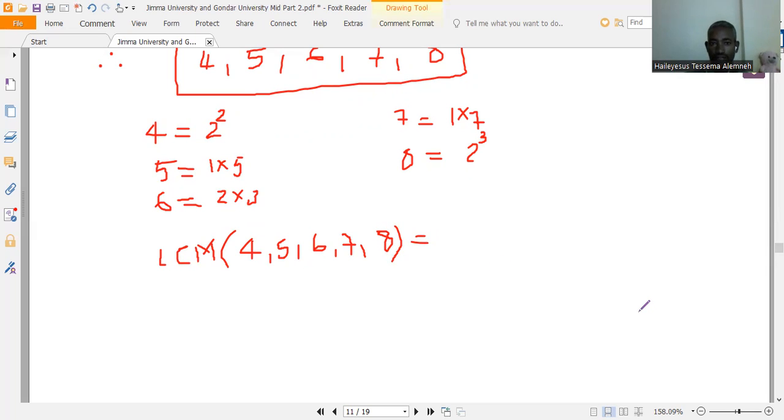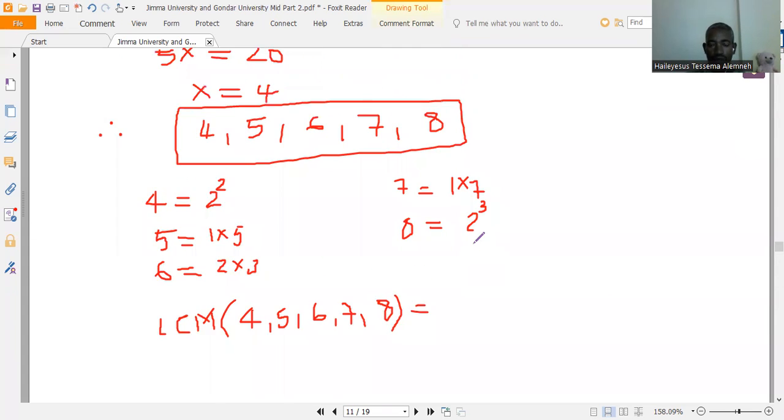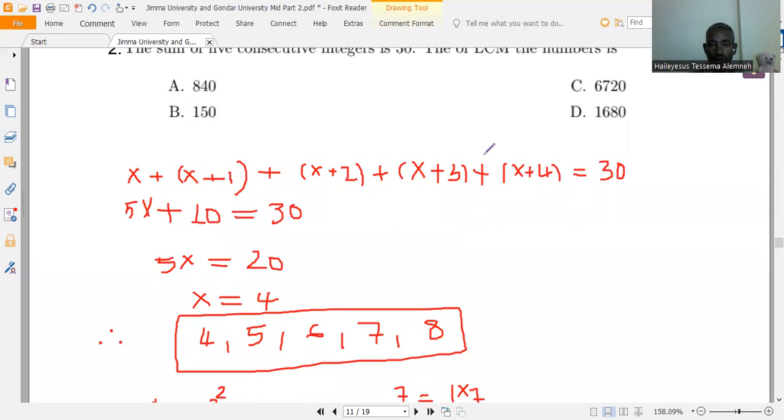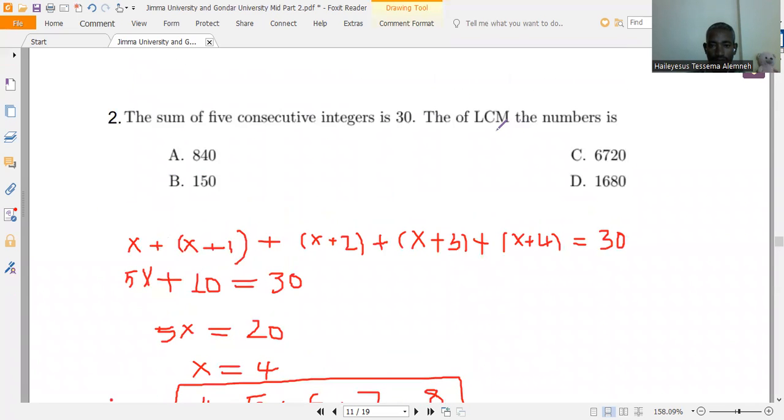The LCM of numbers is the least common multiple. From the common multiples, from the multiples we will find the common multiples, and from that the least one, the smallest one, will be taken as the LCM of the numbers.